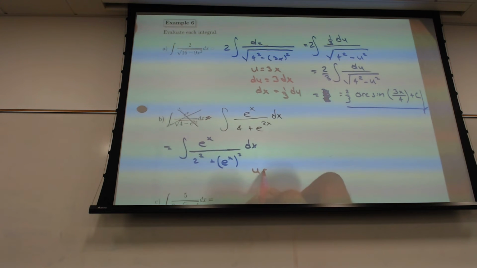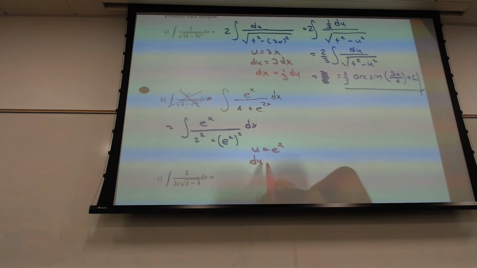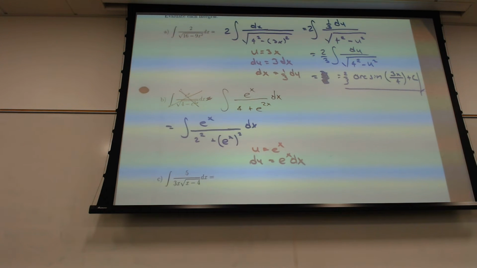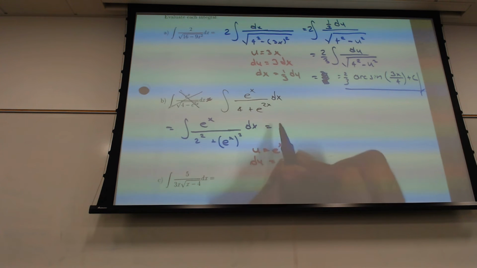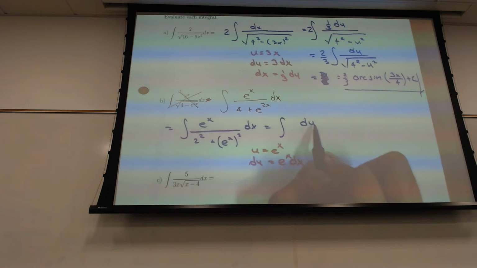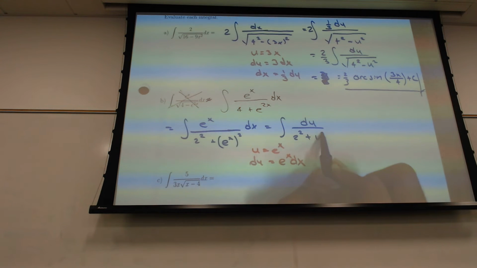For which we can identify our u equals e to the x, and the du is the derivative of e to the x. The derivative of e to the x with just an x on the exponent is simply itself, e to the x dx. And in this case, we don't need to compensate any coefficients. This is just ready to integrate. So e to the x times dx, that's our du, and that's our 2 squared plus u squared.